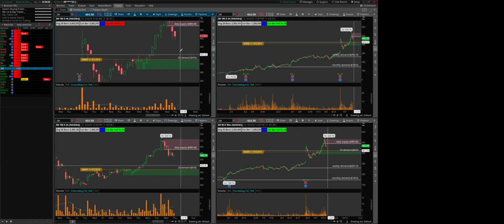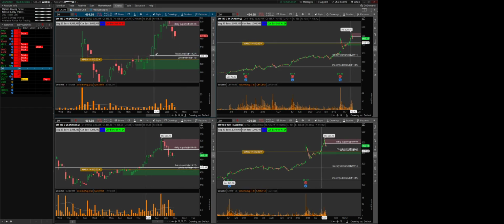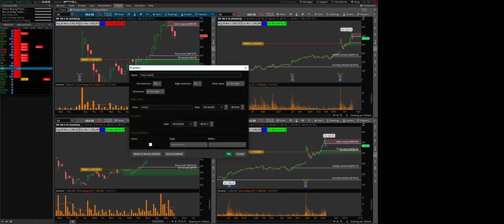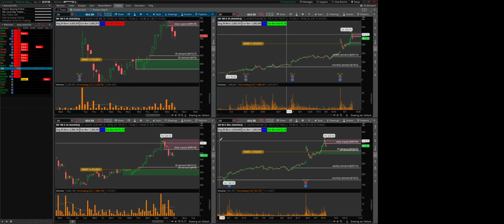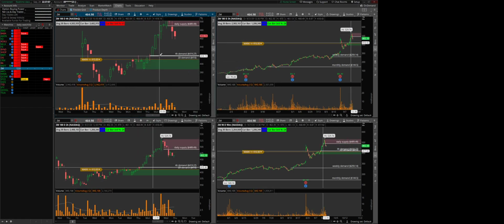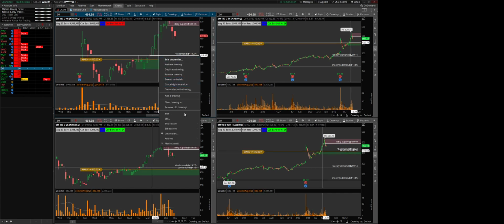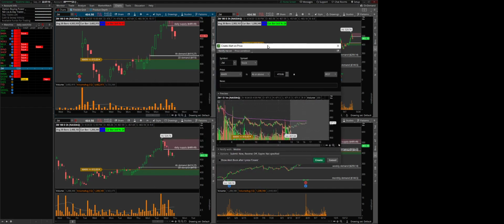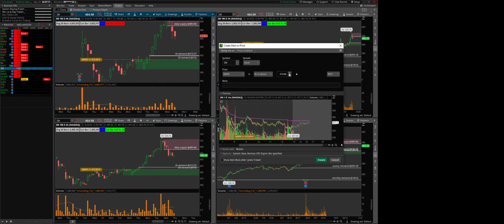So okay, I'll just mark it because this is technically demand. I'm not gonna draw the zone. I'm just gonna mark the level. What is it? 419.27.